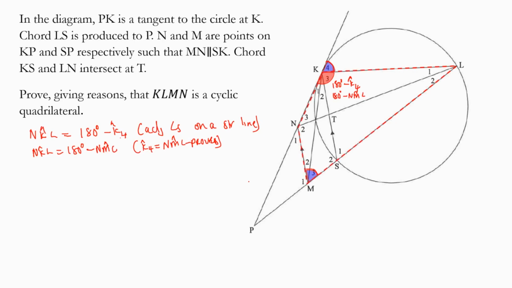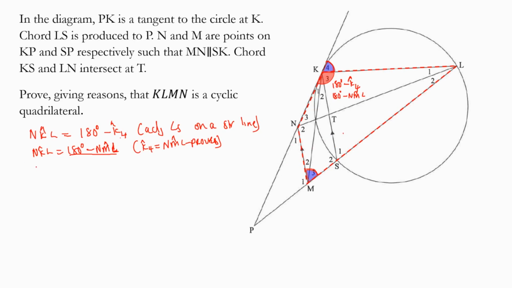We can add these two angles. Angle NKL plus angle NML. Angle NKL, which is 180 degrees minus NML, plus this angle, plus angle NML, will give us 180 degrees.